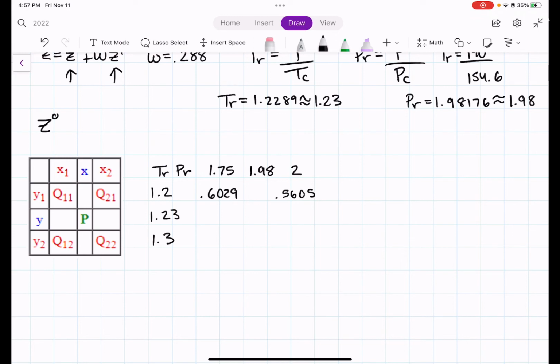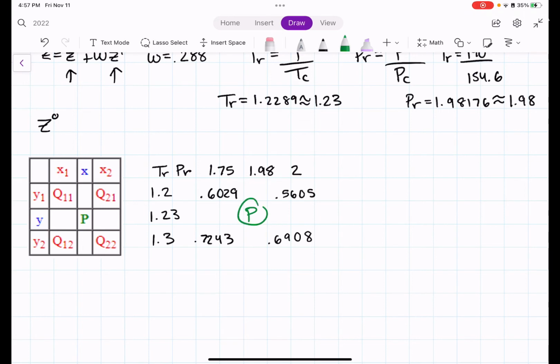The value that corresponded for 1.75 and 1.3 was 0.7243, and the corresponding value for 2 and 1.3 was 0.6908. We're trying to find out this value right here.